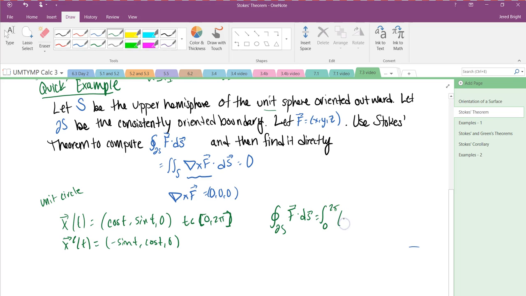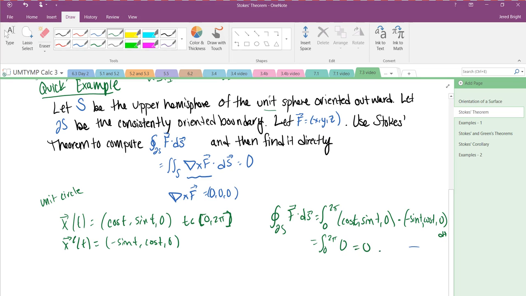So we would have cosine t, sine t, 0, dotted with the derivative, negative sine t, cosine t, 0, and dt. Anyway, this ends up being the integral from 0 to 2 pi of 0. So, yay, we get just 0. Our results are consistent.